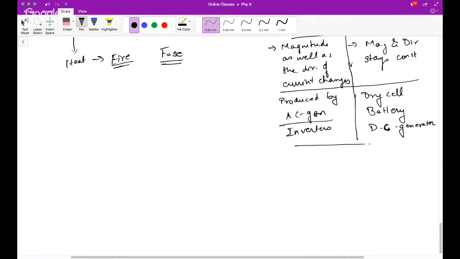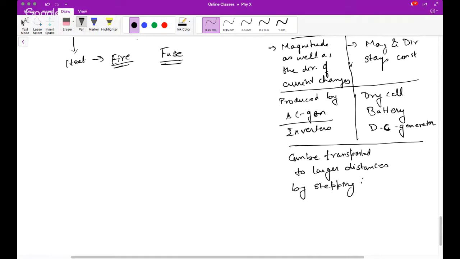And as Vikas was pointing out, AC can be transported or transferred to larger distances by stepping up the voltage, or potential difference.